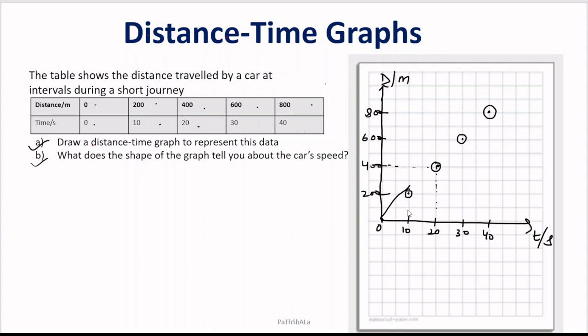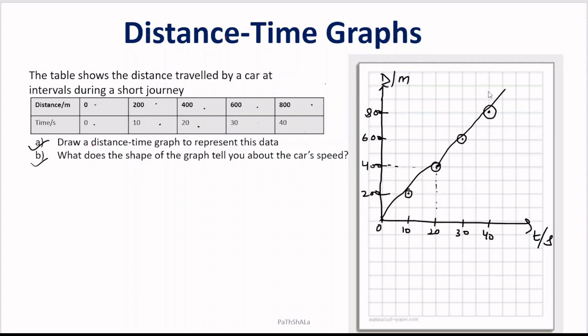Let's simply join them. If you join these using a straight line, you will get a line. Sorry, I'm not getting a straight line, but you can join them using a ruler, so you will get a straight line. Now part B says, what does the shape of the graph tell you about the car's speed?